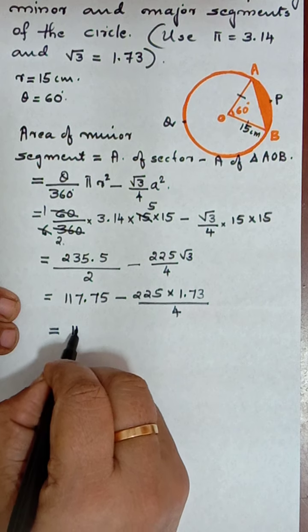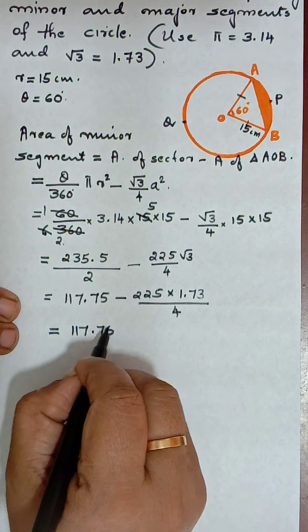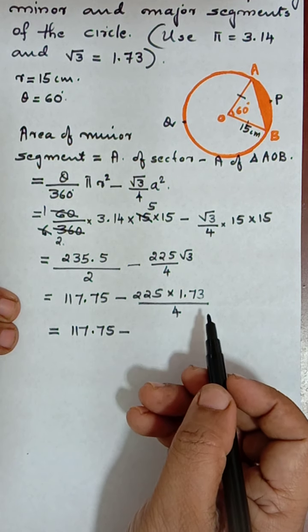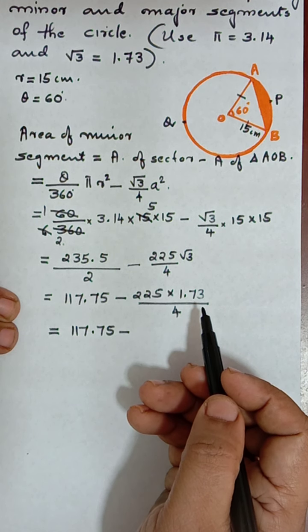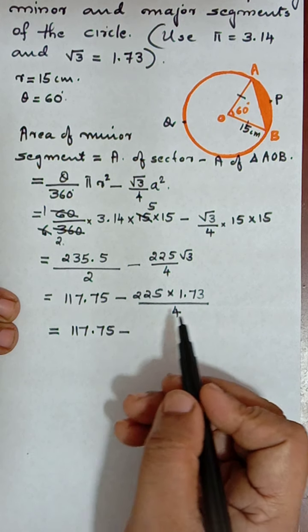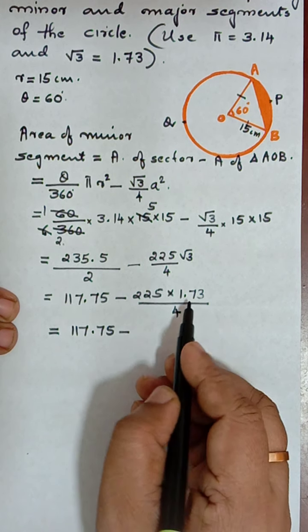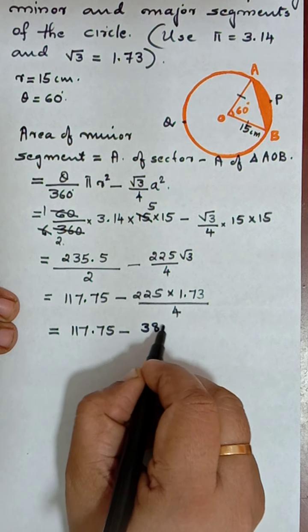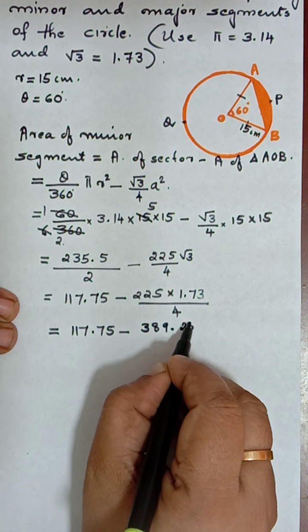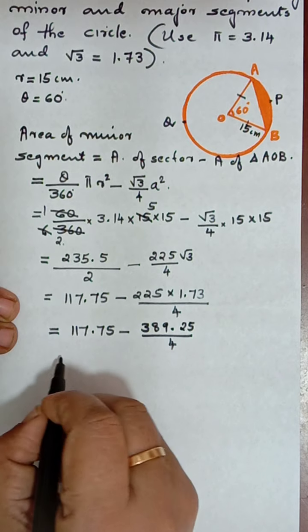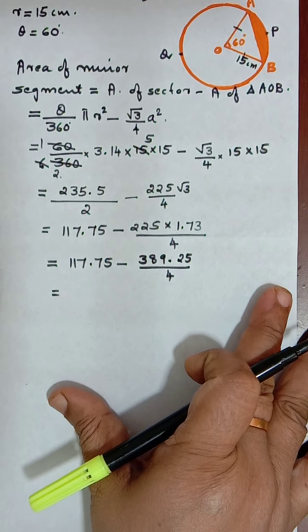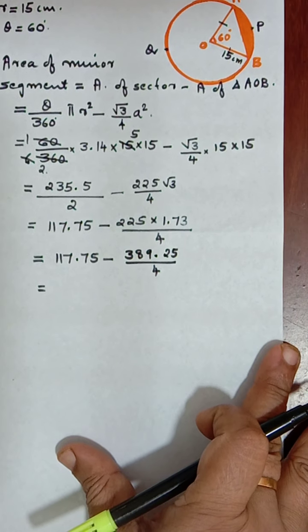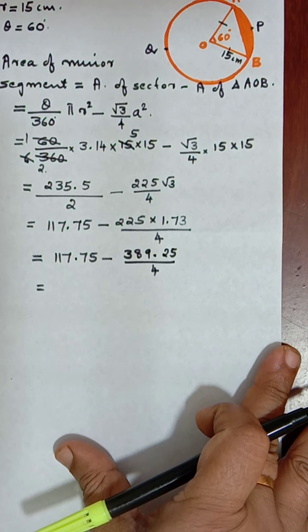Here that's equal to 117.75 minus, multiply everybody, 225 into 1.73 by 4. Better? Yes. You can multiply this too, so that you will be getting the value 389.25 divided by 4. One more step will continue. I know everybody knows multiplication and division. We don't want to waste time on multiplication and division.